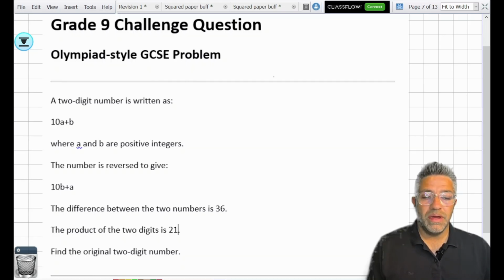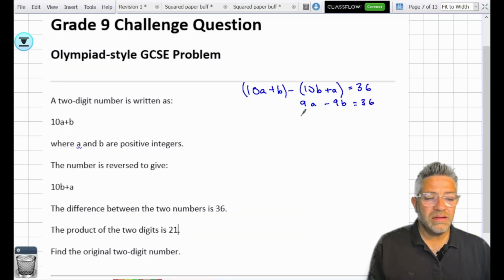Find the original number. I'm just going to begin by doing what it says, the difference between the two numbers. So 10a plus b, difference being a subtract. Just to be super clear, I'll put each expression in brackets. Minus 10b plus a equals 36. 10a subtract a will give me 9a. b subtract 10b minus 9b equals 36.